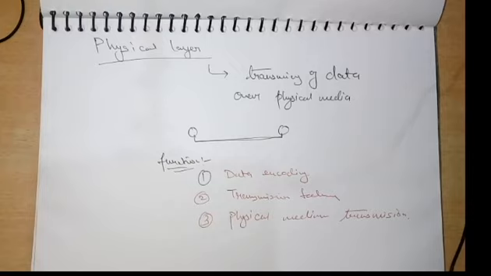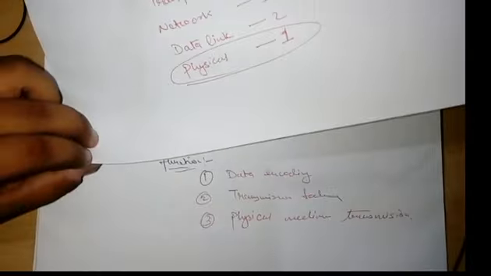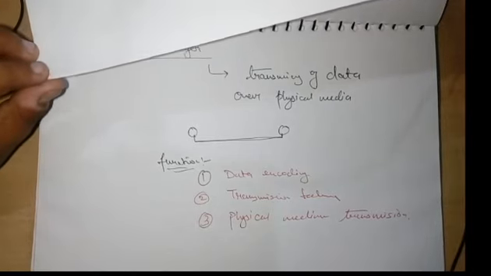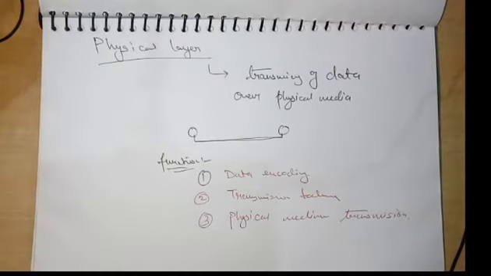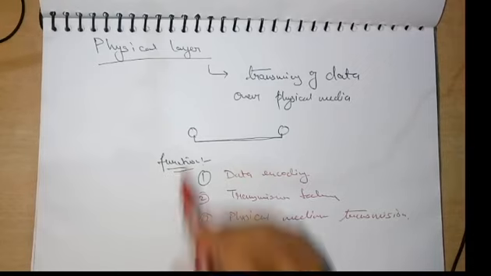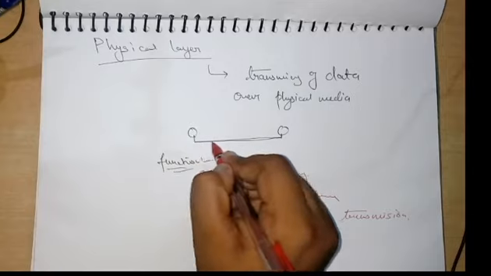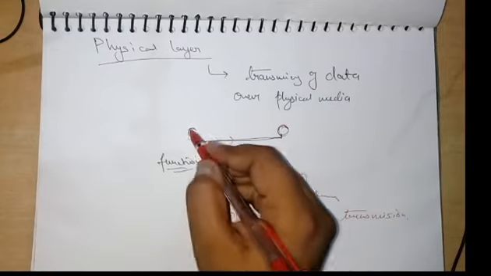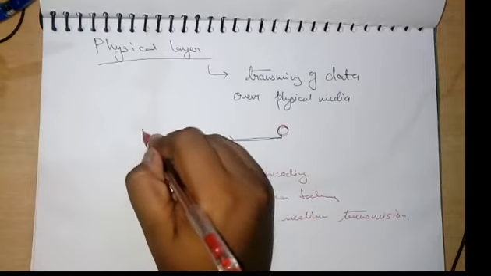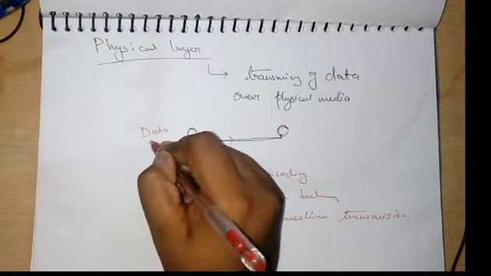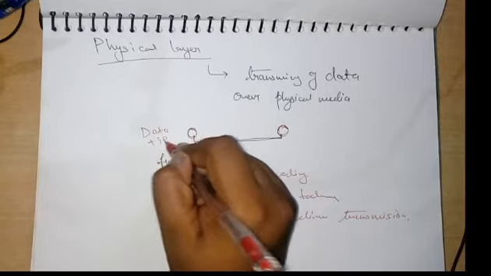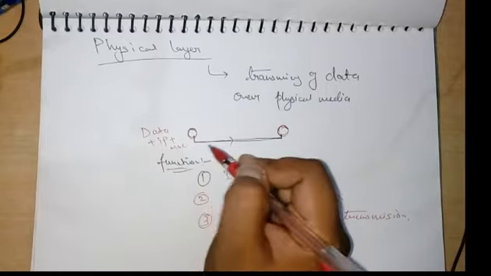So data encoding means how will the data know that the data has to transfer to this PC or another system? How? Due to IP address. IP address will be given along with the data signals. When data goes from here to this system, it will contain data plus the system IP address plus MAC address.